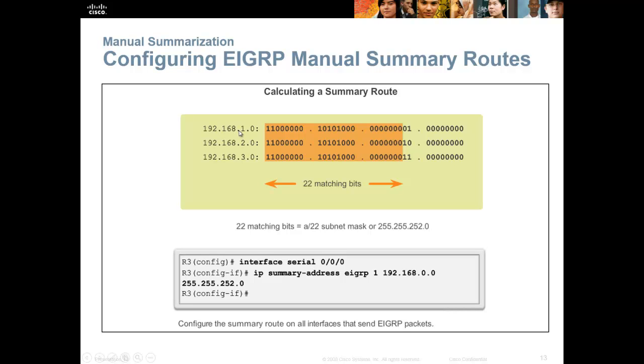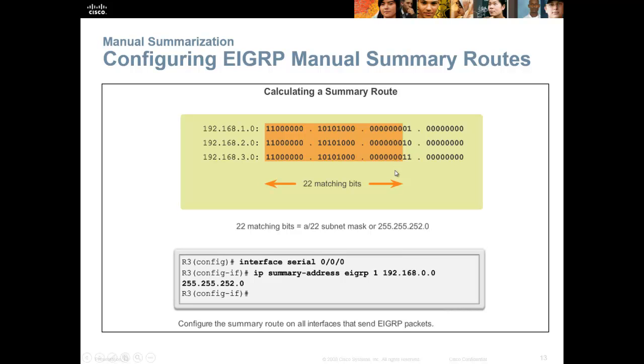How many bits of the third octet do I need to add to 16? So in this case, it's 1, 2, 3, 4, 5, 6. So 16 plus 6 is 22. So I have a new subnet mask of 192.168.0.0/22. And that would match all 3 of these networks.